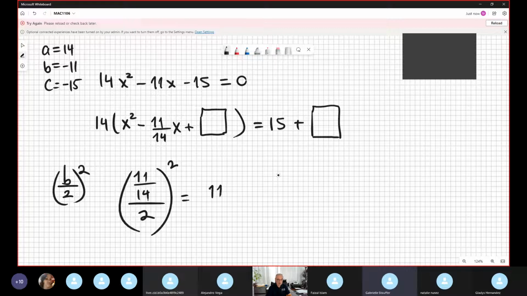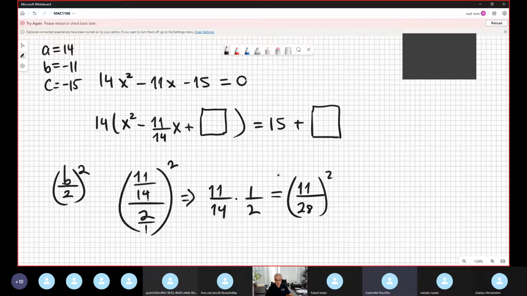This is easy. 11 over 14 divided by 2 is exactly the same as multiplied by 1/2. Because 2 is a whole number, it's 2 over 1. When you flip it, 2 over 1 becomes 1/2, you are doing the division. So it's 11 over 28. Now it's squared, because this is the formula. So it's 11 squared over 28 squared.